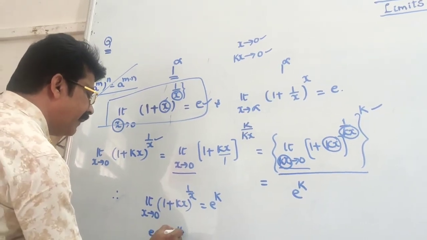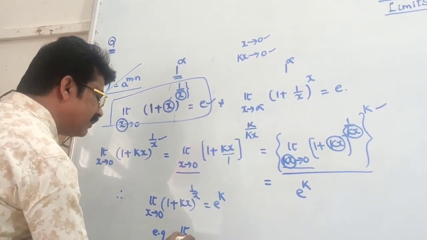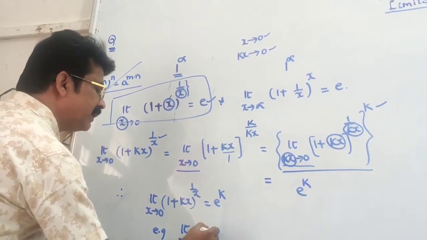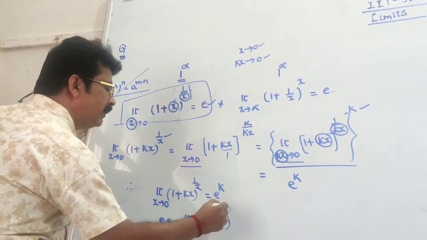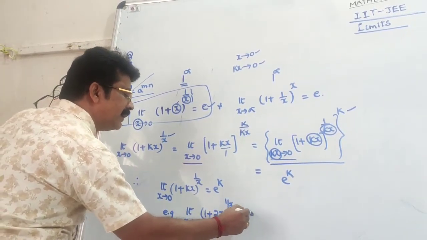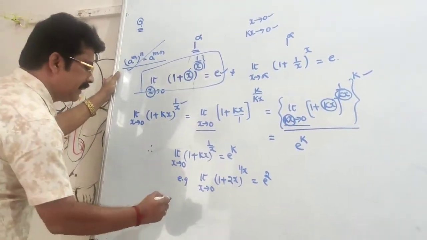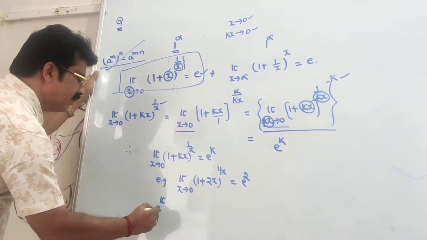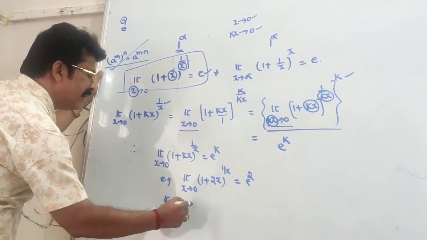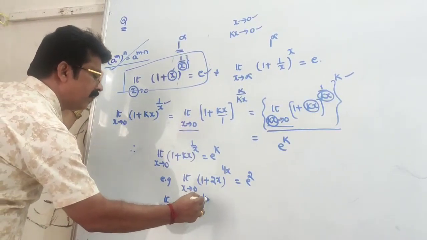Some examples. Limit x tends to 0, (1 + 2x) whole to the power of 1 by x is what? Instead of k, 2 is there, therefore e square. Next, limit x tends to 0, (1 - x) whole to the power of 1 by x.